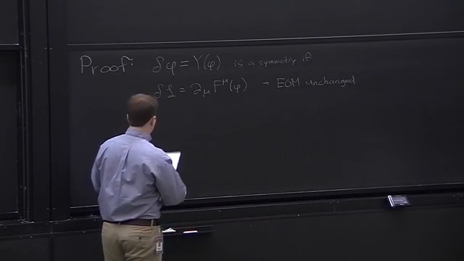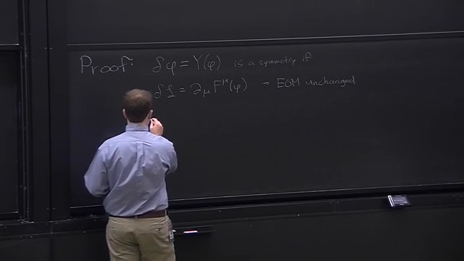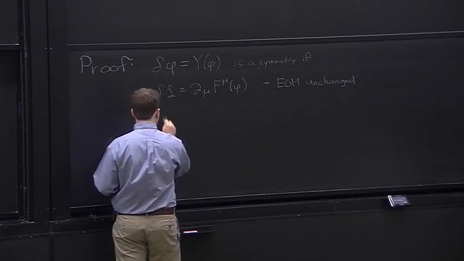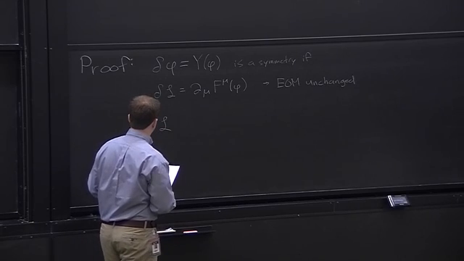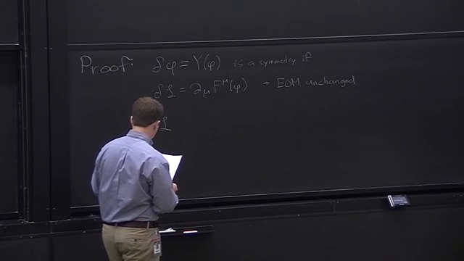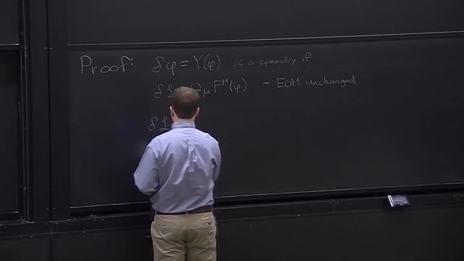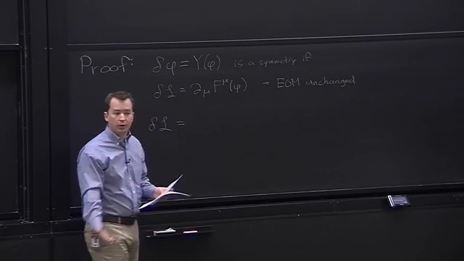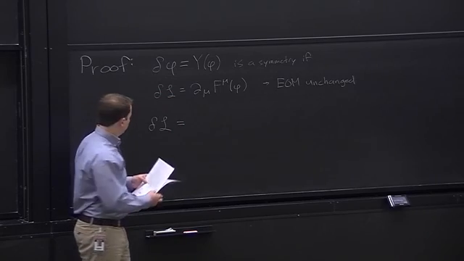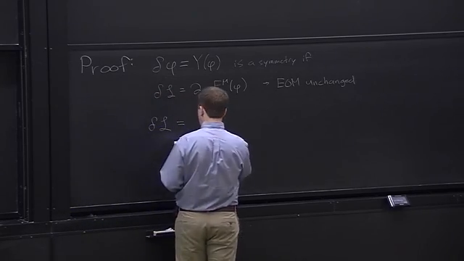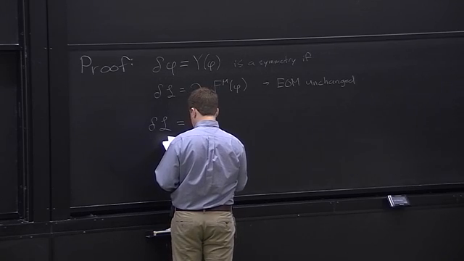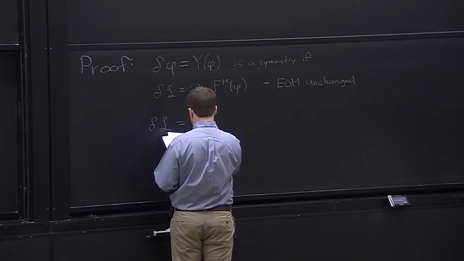Okay, so to prove Noether's theorem, we basically need to look at the variation in the Lagrangian. Again, we'll assume that the Lagrangian is only a function of the fields and the first derivatives of the fields. Then we'll get two terms.